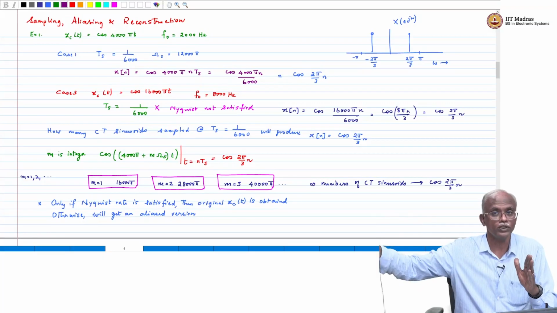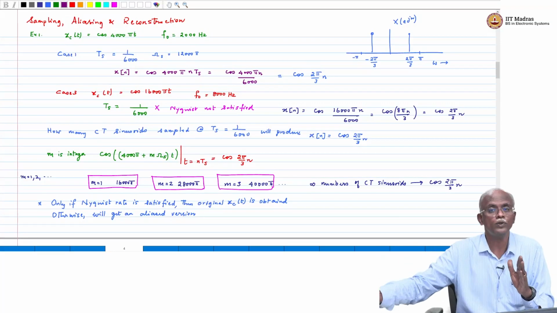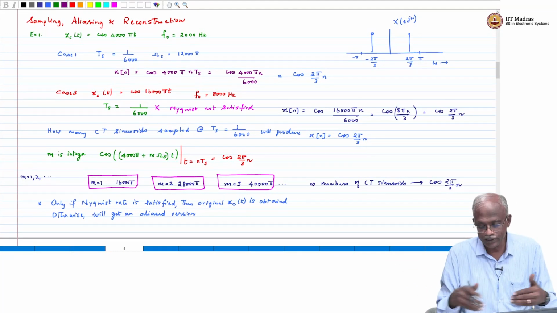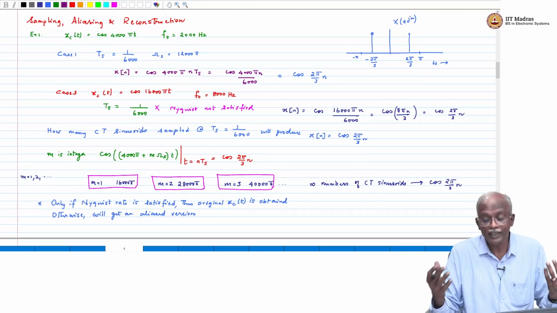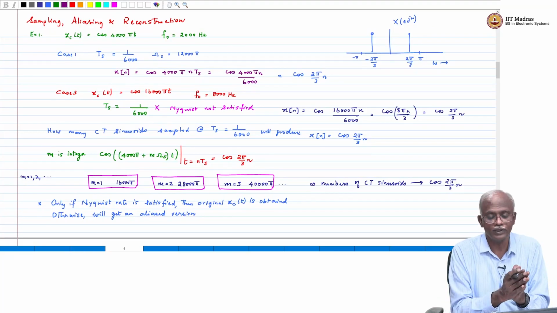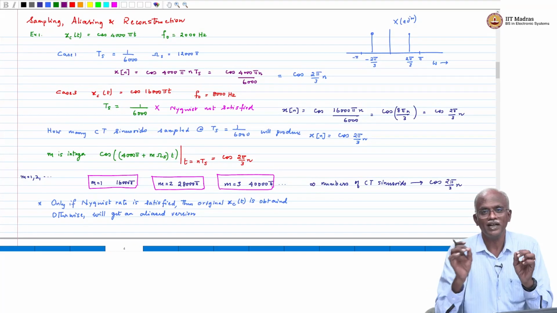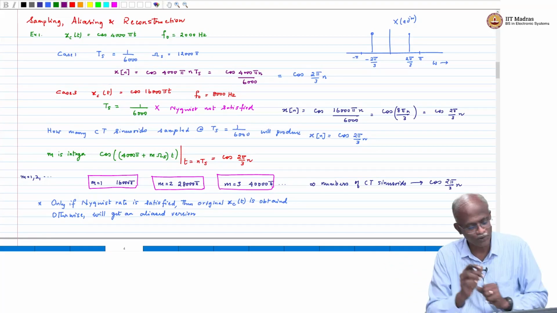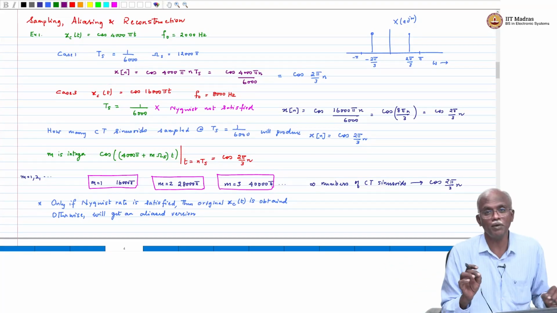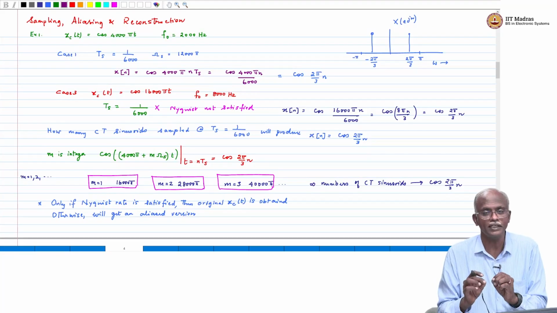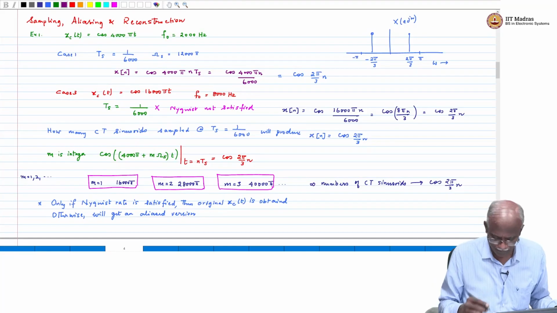You can get more than one signal which can map to the same discrete time frequency, as we saw in this case. In fact, we showed that there are an infinite number of continuous time frequencies which, when sampled at Ts equal to 1 over 6000, give the same discrete time frequency, which is cosine 2 pi by 3. Something to keep in mind. So satisfying the Nyquist sampling criterion is very important.